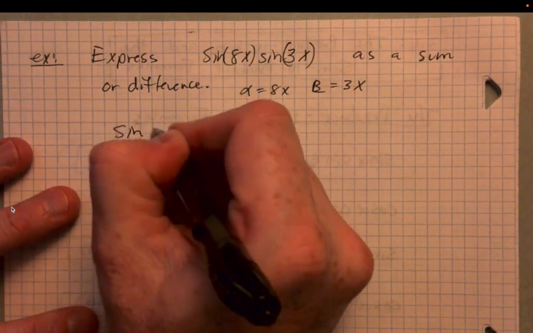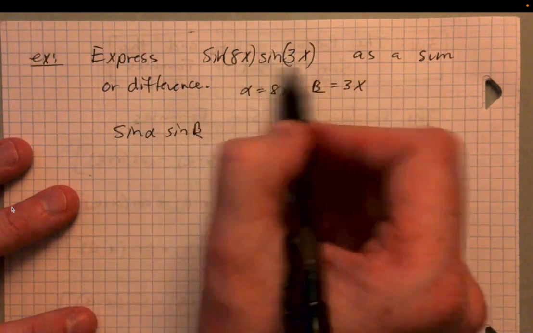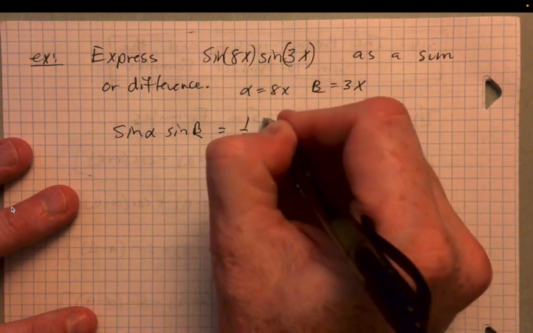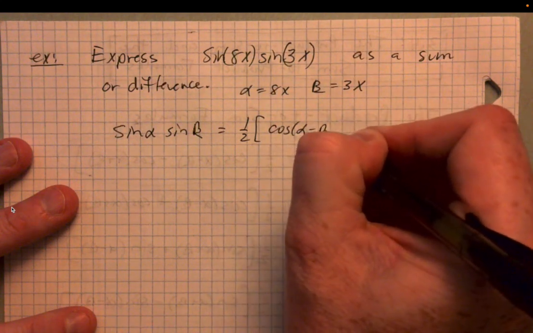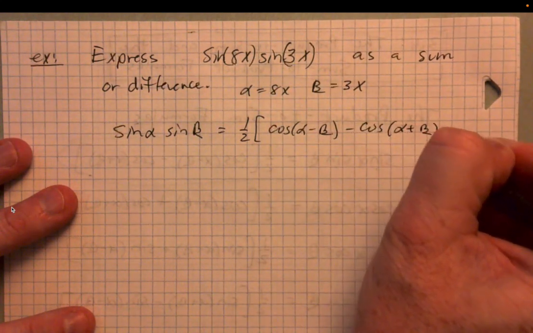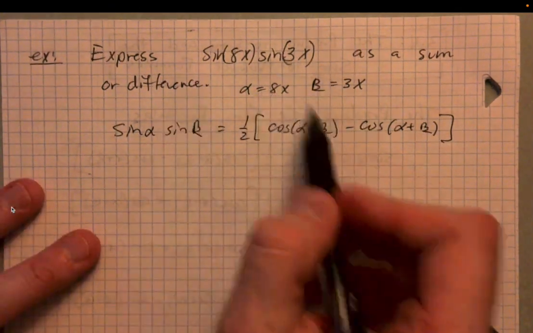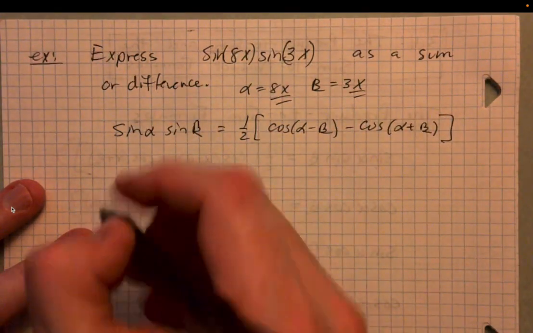So I have sine of alpha, sine of beta, that's the form. And I know that's equal to 1/2 times cos alpha minus beta minus cos alpha plus beta. That's just the formula. So I can just plug in my actual angles, 8x and 3x, and I get the answer.